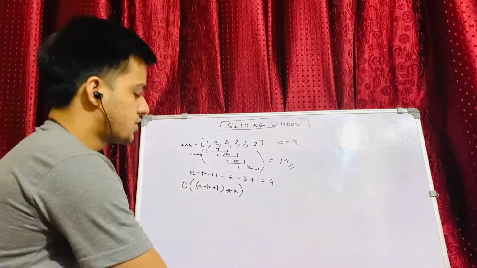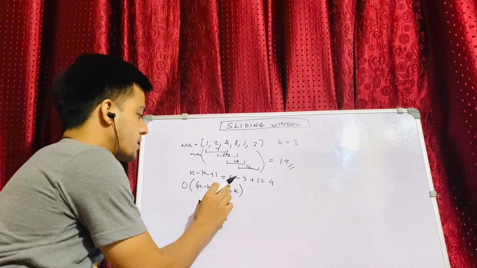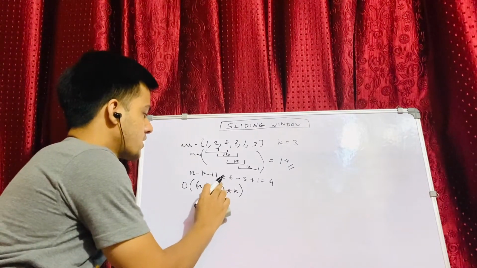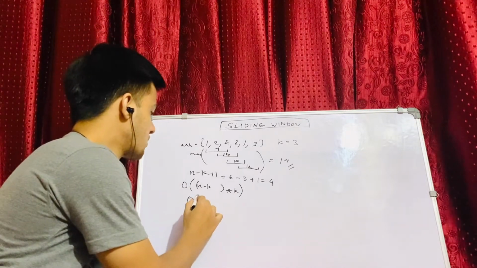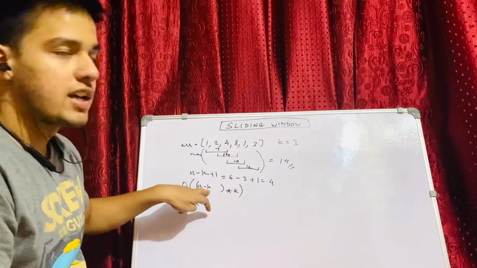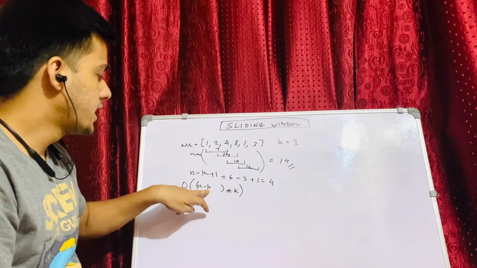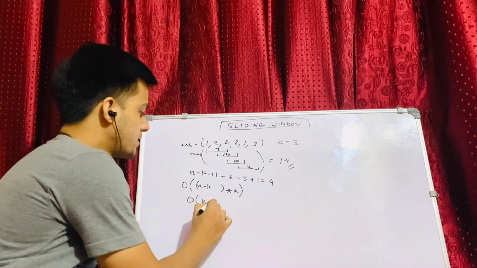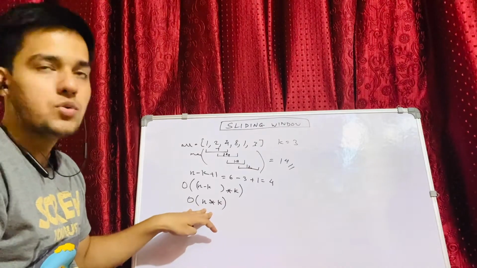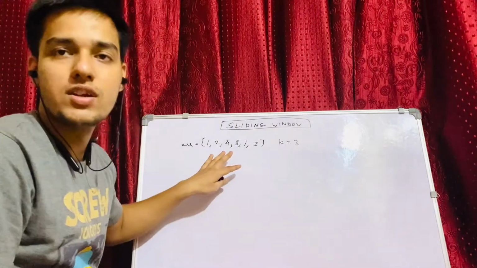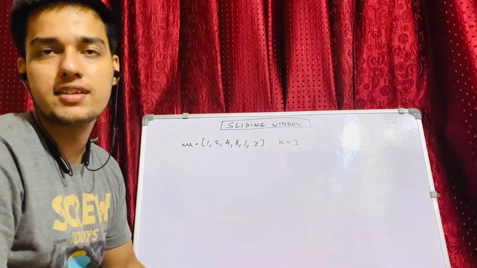From this we can ignore the constant, so it is roughly O of n times k, and if k is very small, we could also ignore k. So we could say it is in the order of O of n into k. That's the naive approach.